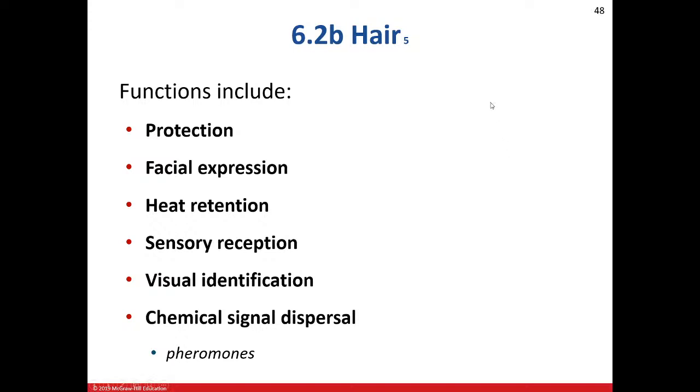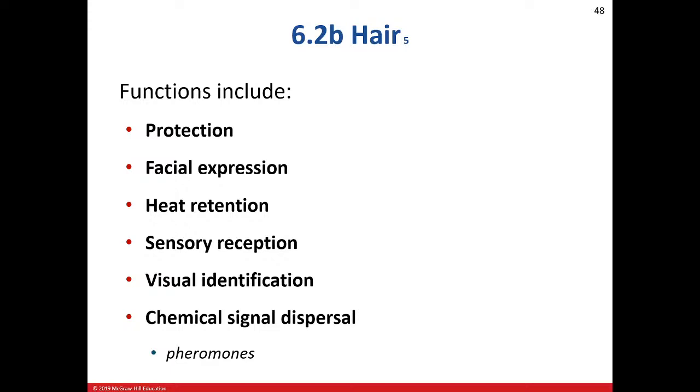All right. So the functions of hair include protection. It covers the skin and not only partially protects it from physical abrasion, but also can block sunlight if it's thick enough. It can be used for facial expression in the case of the eyebrows, also heat retention, particularly on your head. All right, sensory reception.